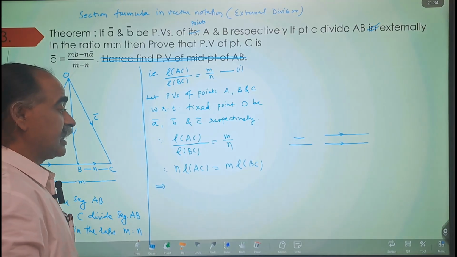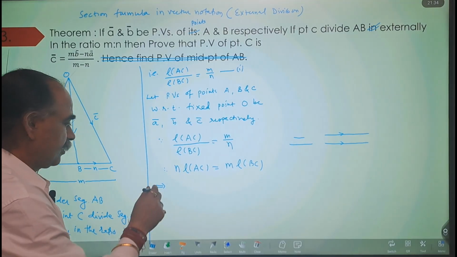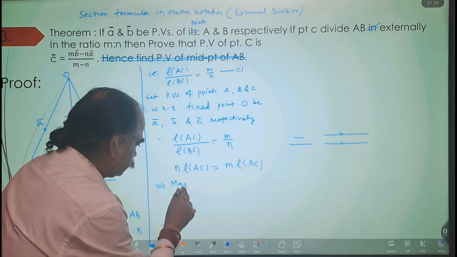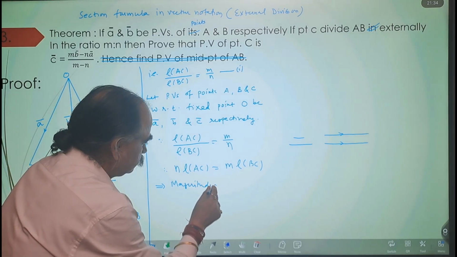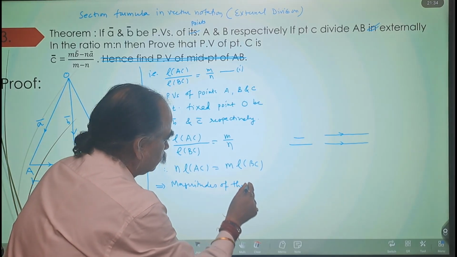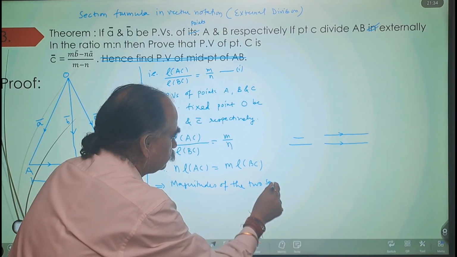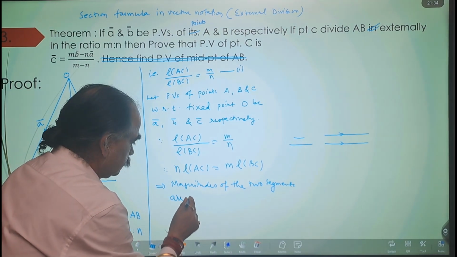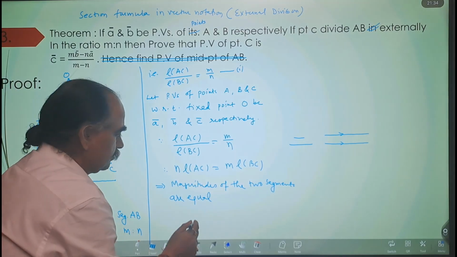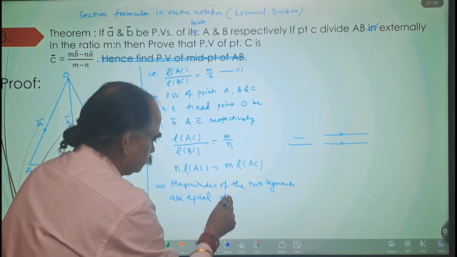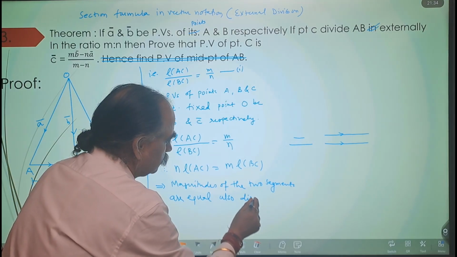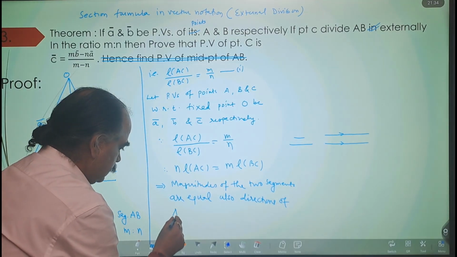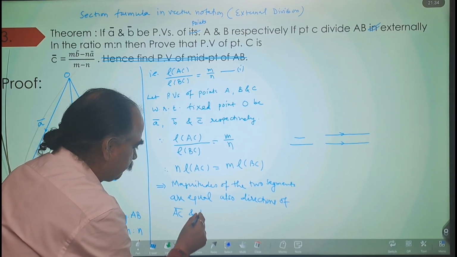Therefore, writing them in equal vector form. Magnitudes of the two segments are equal. Also, directions of AC bar and BC bar are same.